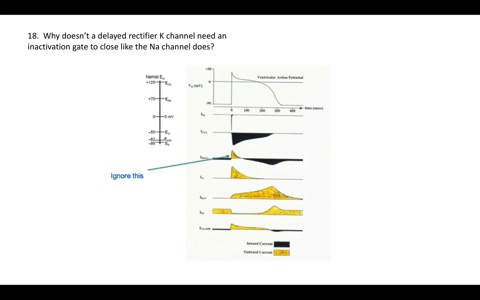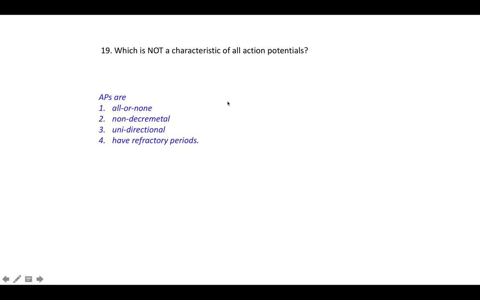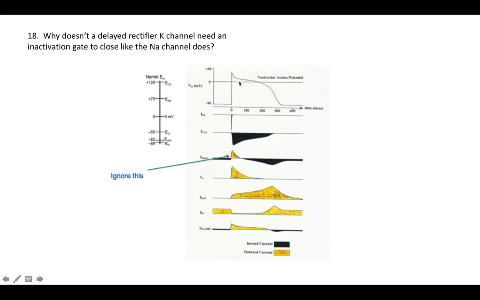Why doesn't a delayed rectifier potassium channel need an inactivation gate to close like the sodium channel does? Well, the potassium channel opens when voltage goes up, and it closes when voltage goes down. And of course, the more active your potassium channel, the more positive charge you have leaving the inside of the cell, and the more the cell wants to repolarize.